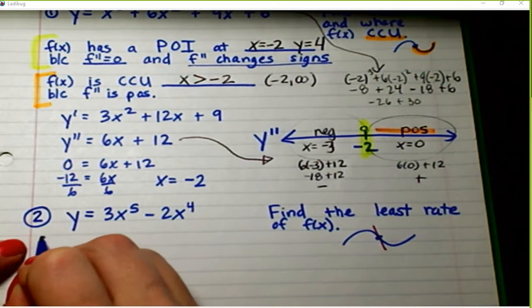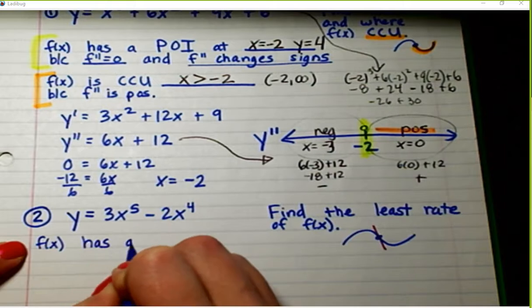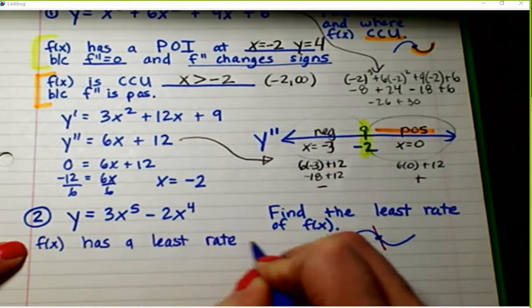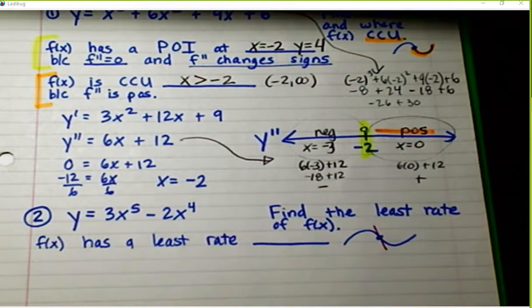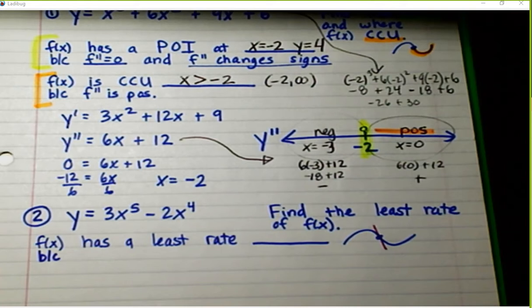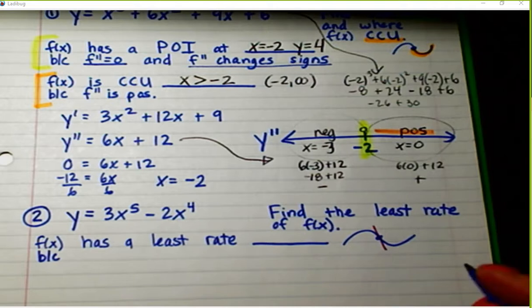So f of x has a least rate somewhere, because what am I looking at? Well, it's a point of inflection. I kind of need to know that it's the point of inflection. Min and max rates are points of inflection.